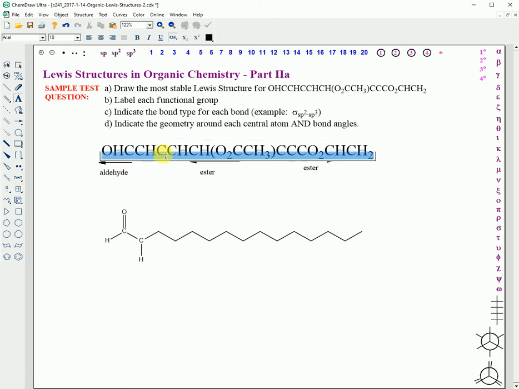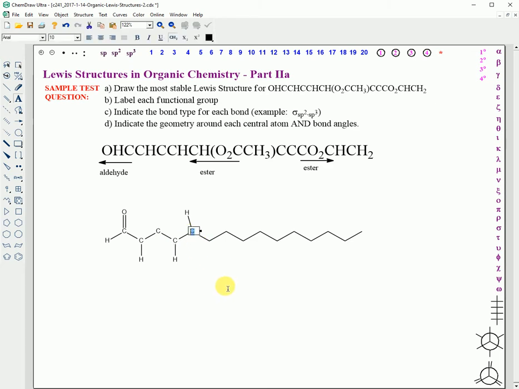The next carbon in has no bonds to H. The one after that has 1 bond to H, as does the one after that. 1 bond to H, 1 bond to H. Clearly, I'm going to have to fix the carbons again.